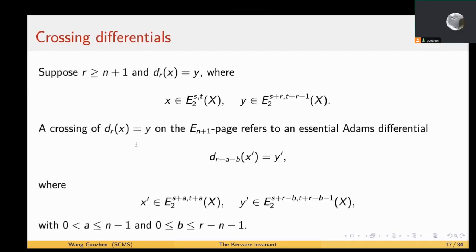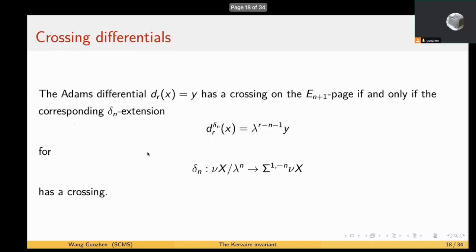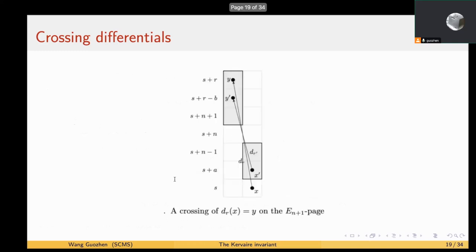So we define the crossings of Adams differentials in terms of the crossings in the delta n extension spectral sequence. So here's the illustration of crossings. Suppose we have this long differential from x to y.